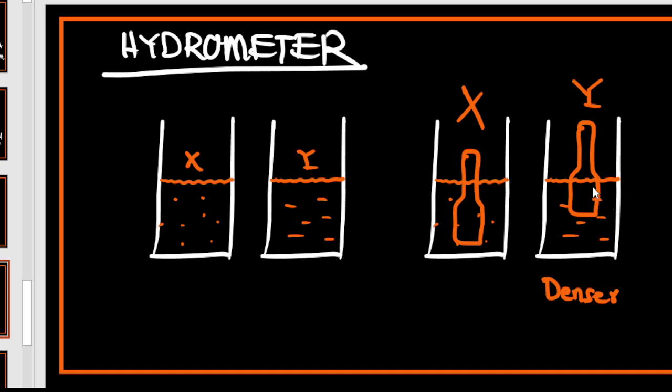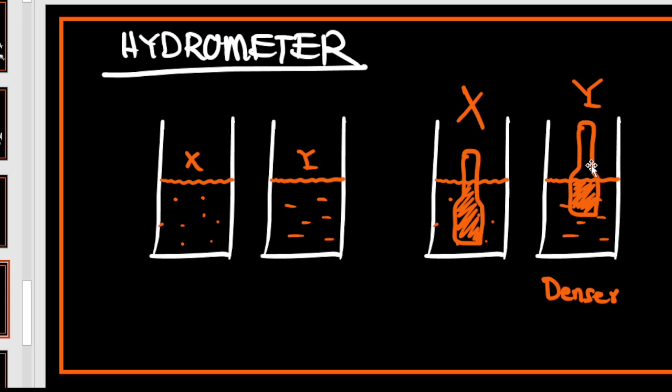Now, you can see that. Try and imagine dipping things inside a denser liquid compared to dipping things inside liquids that are not as dense. You realize that the objects you are immersing into the denser liquid experience more resistance, let's put it that way.